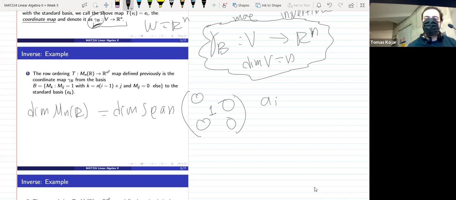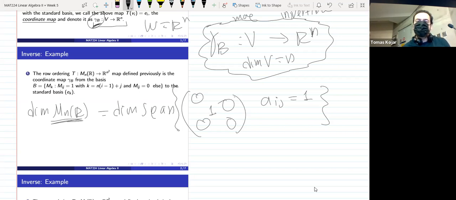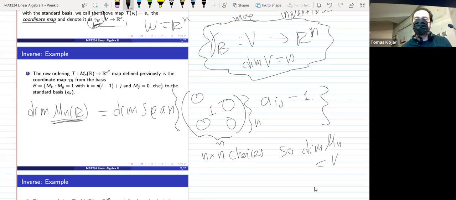So these matrices, where you put 1 only in one place, give you the whole space of matrices by linear combination. And there are n times n choices. So you have dimension of M_n to be n squared. Everybody happy?